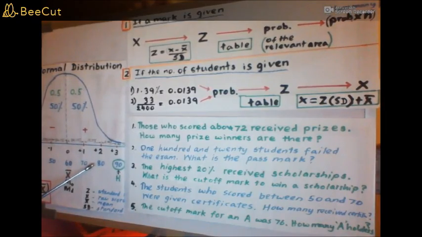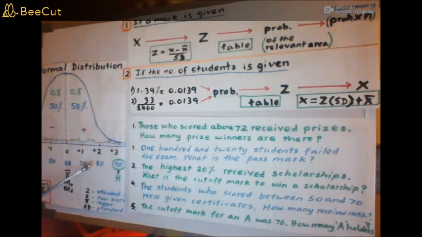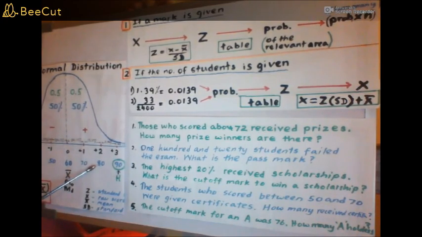Those who scored above 80 received A passes, something like that. They will ask how many A holders are there, the number of students. A mark is given and they ask for a number of students. So you will have to take this route, right? We have to go through this.